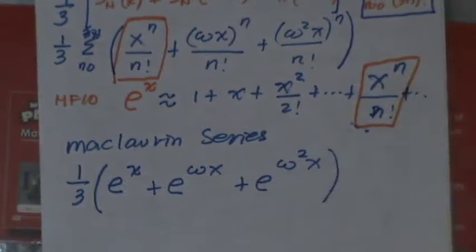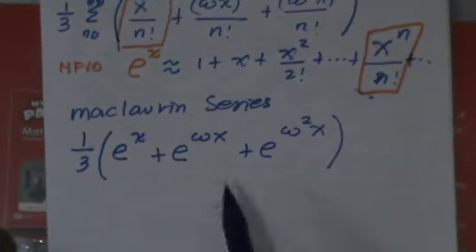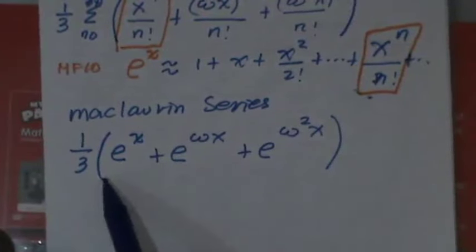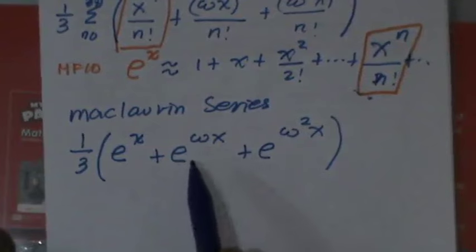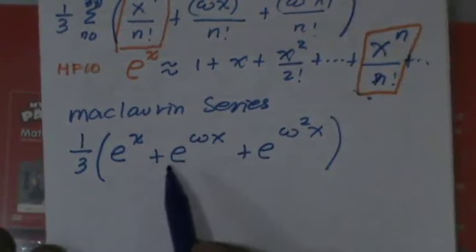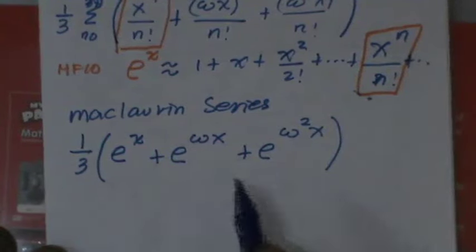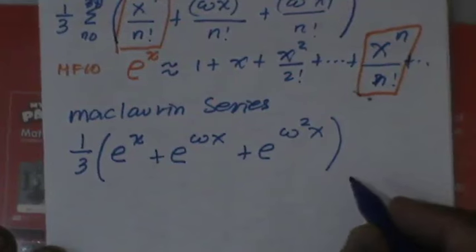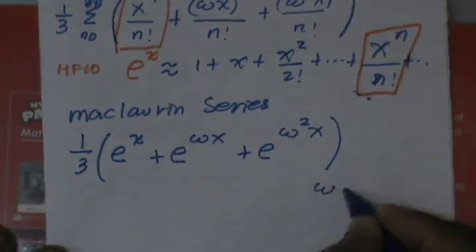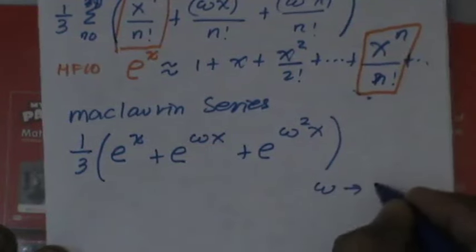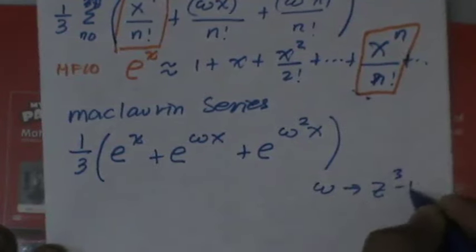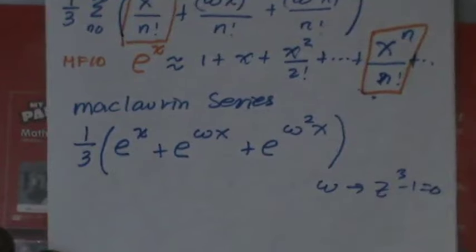Alright? Now, I want you to notice this one here, that remember that omega, in parts 1 and 2 of the question, is a root of the cubic form, the cube root of unity. So omega is a root of z cubed minus 1 equals 0.